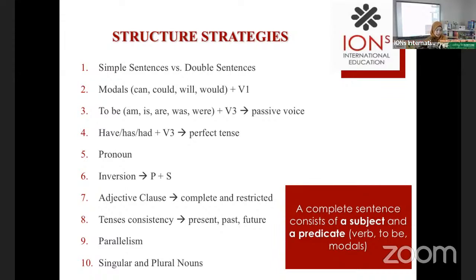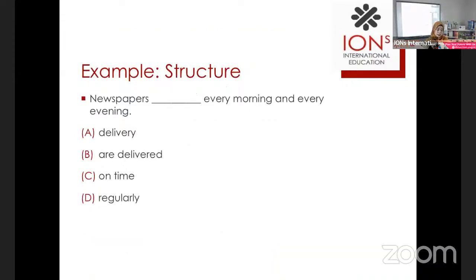Okay, like that. Jadi itu adalah contoh-contoh dari predikat kata kerja. Sekarang kita cek di sini, apakah ada kata kerja yang sudah kita sebutkan tadi? Hey, yang pertama, apa tadi? Modals ya, modals. Adakah modals di antara A, B, C, and D? Tidak ada, right? Tidak ada modals.